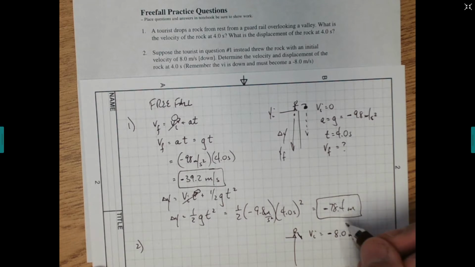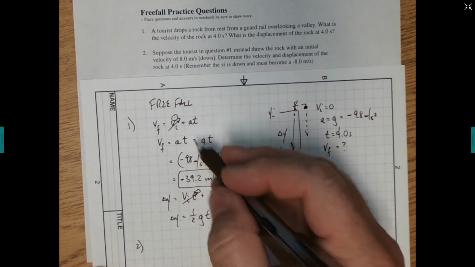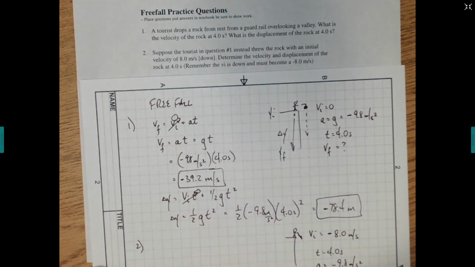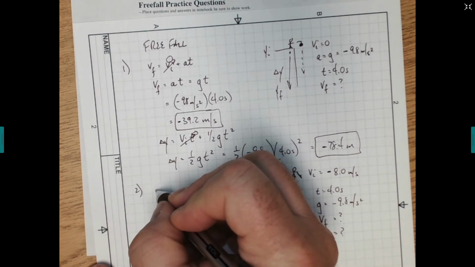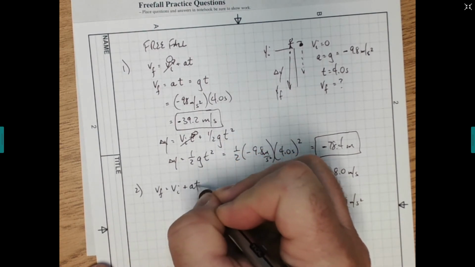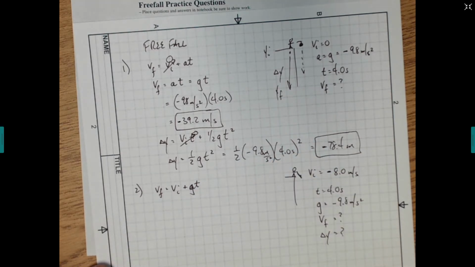So we're doing the exact same problem. My time is still equal to 4.0 seconds. My acceleration g is still negative 9.8 meters per second squared, and I'm still looking for the final velocity and my change in position. So we're just redoing the problem, but now we can't cross off that initial velocity. We're going to say that final velocity is initial velocity plus acceleration times time, and we're going to call that g now.